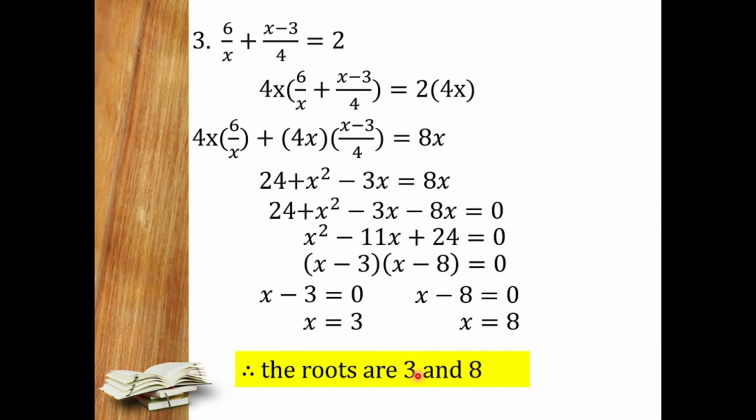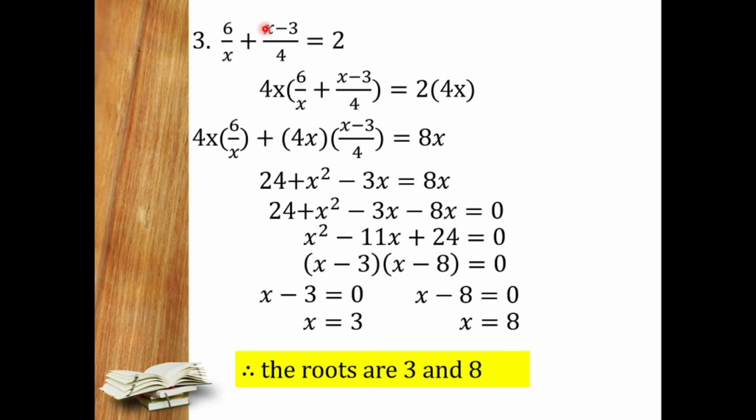So, if we are going to check 3 and 8 in our original equation, pag mag-checking tayo, these two values of x will give us a true mathematical statement. So, to prove, if x is 3, so 6 divided by 3, that is 2.